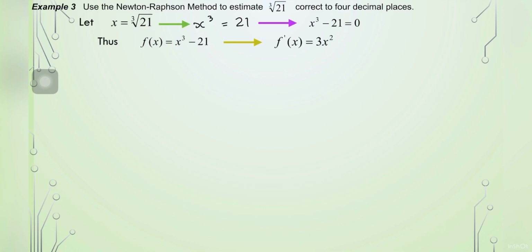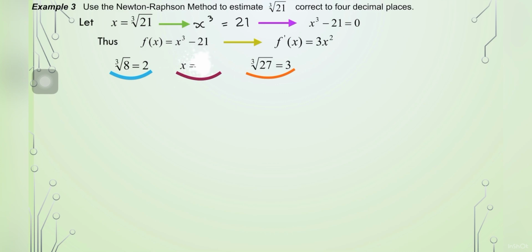And we have to differentiate this f, so it will become 3x squared. If we go through the question, there is no statement about where this cube root of 21 lies, in what values, so we have to determine ourselves. The cube root of 8 is 2, and the cube root of 27 equals 3.